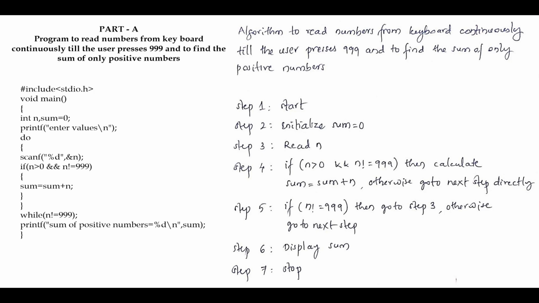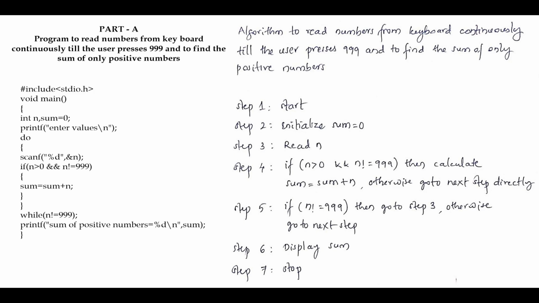You can see it on the right side. The algorithm always starts with the start option, that is a step. Then initialize sum is equal to 0 and read the number, and directly we are entering inside the do while loop. If n is greater than 0 and n not equal to triple line, then calculate sum is equal to sum plus n.